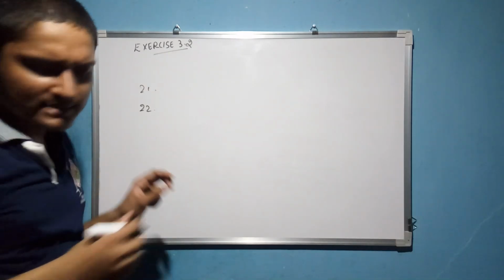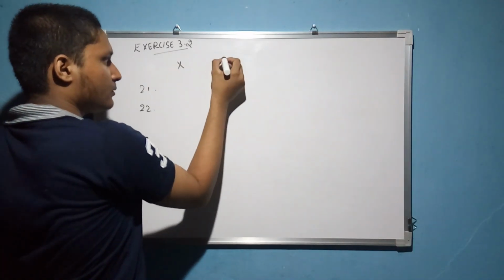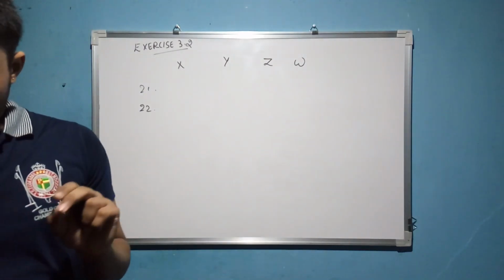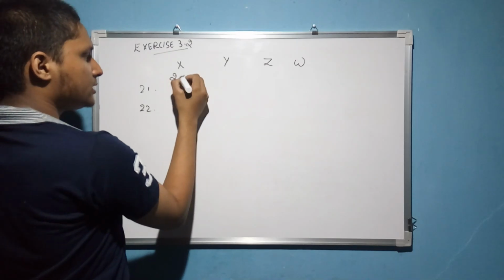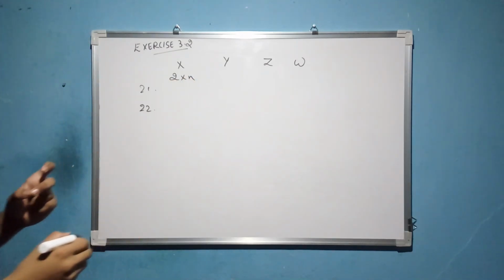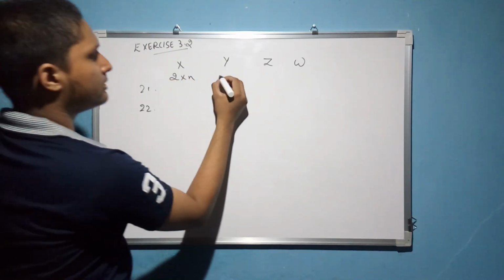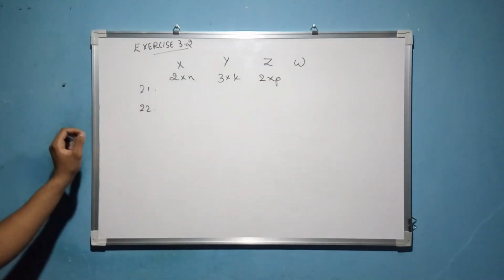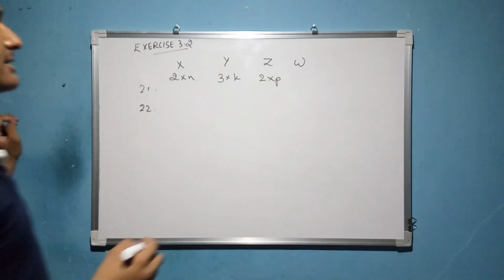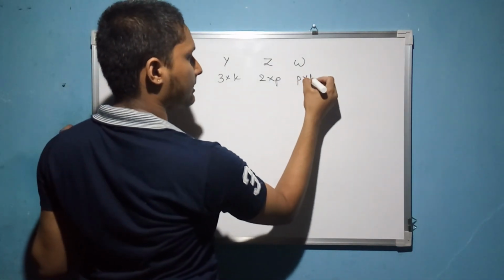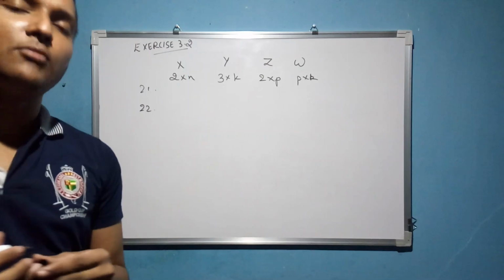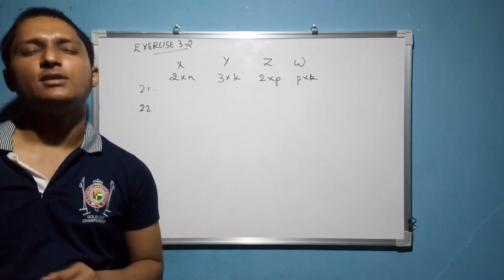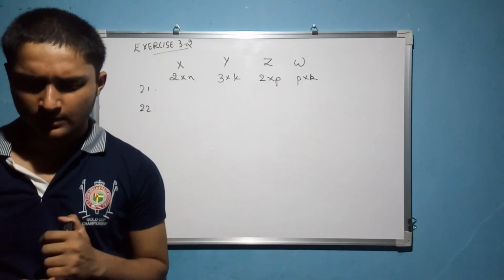So there are 4 sets, that is X, Y, Z and W. They are going to have the orders 2 by N, 3 by K, 2 by P and P by K respectively. P by K. This much is over. You are only bothered about the orders now, when you are thinking about multiplication, whether it is possible or not. Only that much is the question here.